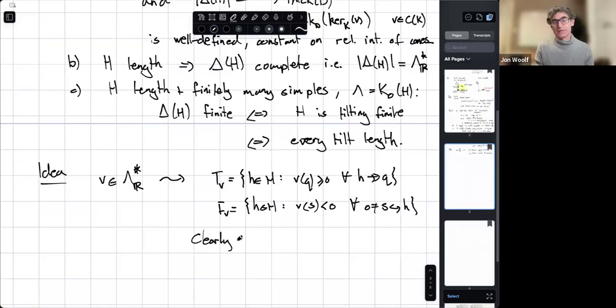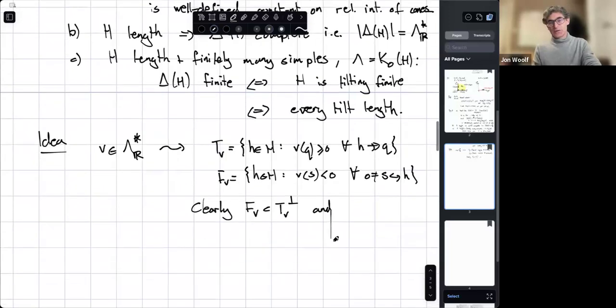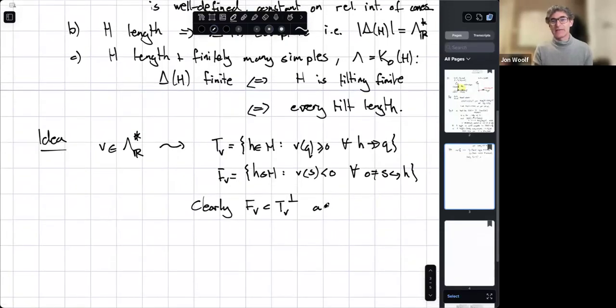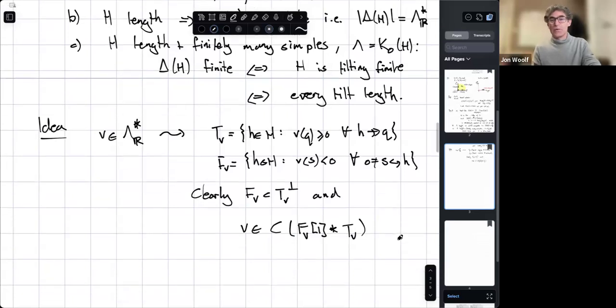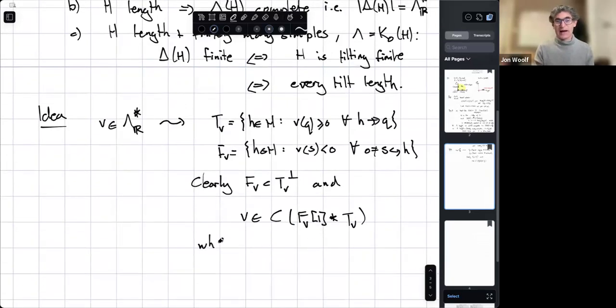So it's easy to check that the torsion-free part is in the right orthogonal to the torsion part. And it's also easy to check that the vector v you started with will be in the heart cone of the tilt at this when it is a torsion pair. So the tilt is F_v shifted by 1 star T_v, and that happens when it's actually a torsion pair.